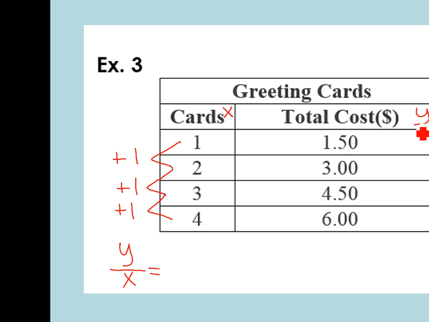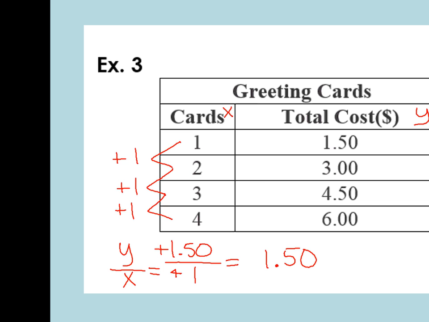Because I need the y value first, and it's positive 1.50, I'm going to put that as my numerator, and my denominator is positive 1, and that is going to equal 1.50. So we need to now write out, what does that 1.5 mean?